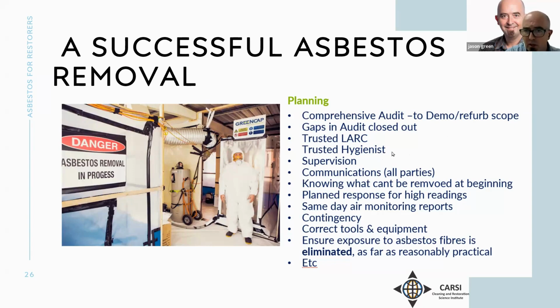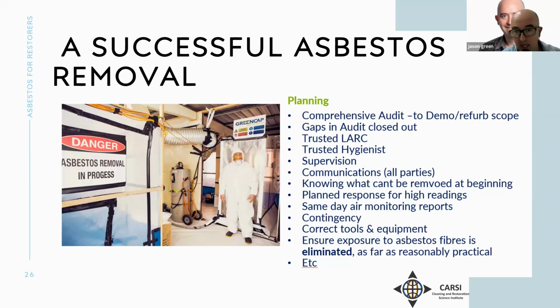We want to make sure that communication is fluid, that everyone is aware of what's going on, and that people throughout the process are communicating well with each other, so we don't want any surprises for the next contractors or the next people coming onto the site. We want to know what things can't be removed at the start of the project, and what other contingencies we need to put into place.